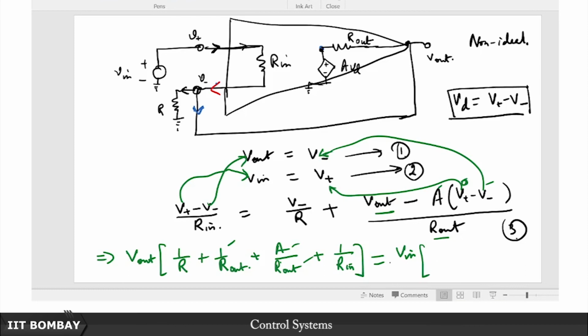On the other hand, V_in has only two terms related to it: one is this 1/R_in plus this A/R_out. I hope I have accounted for every term now. How many are there? 1, 2, 3, 4, 5, 6. Here also I have 1, 2, 3, 4, 5, 6. Yeah, that is right. So this is my ultimate equation.